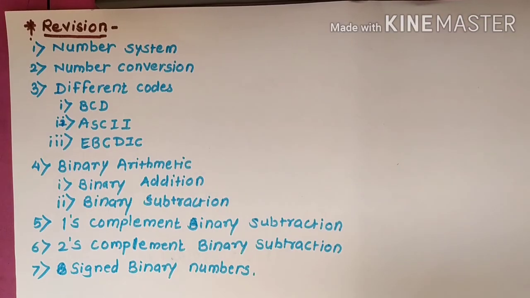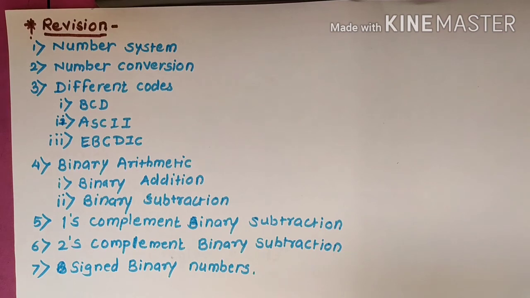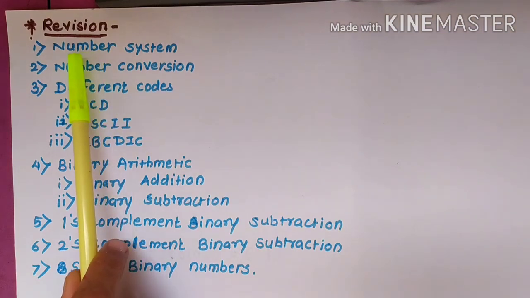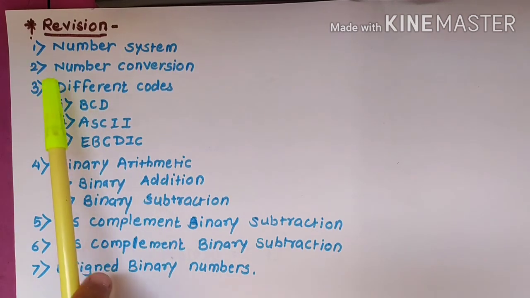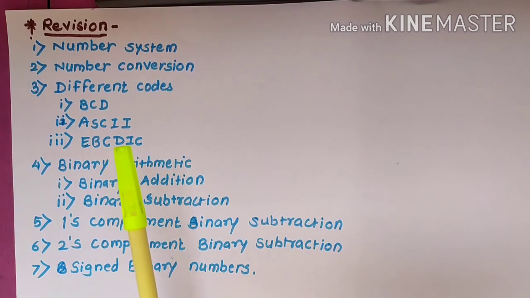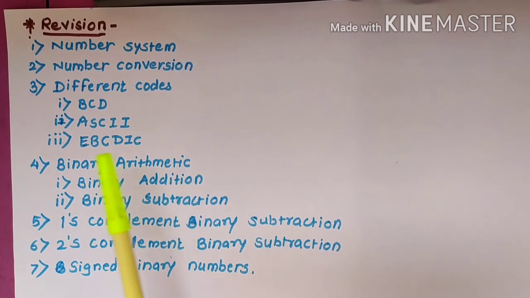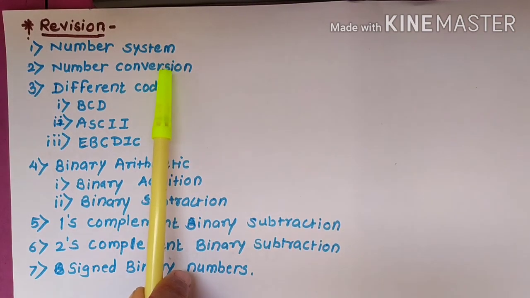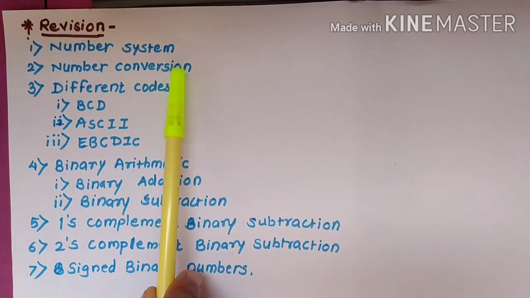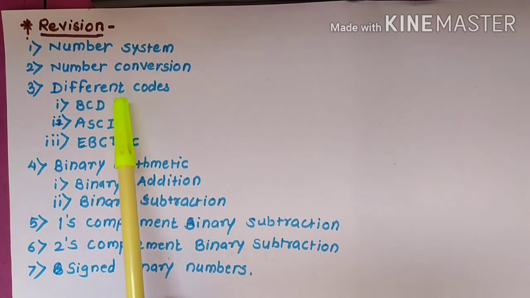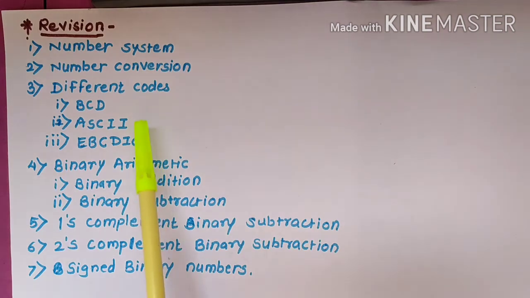Now let us revise what we have learned in this first chapter of paper 2. First we have learned the number system, different types of number systems: binary, octal, decimal, hexadecimal. Then number conversion, different types of number conversion for different types of number systems. Then different codes. In that we have learned BCD code, ASCII code, EBCDIC code.